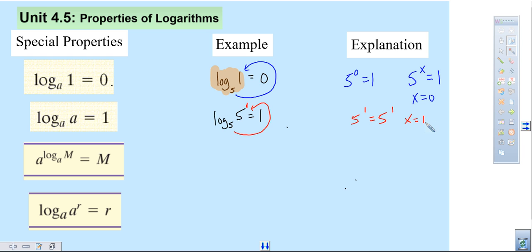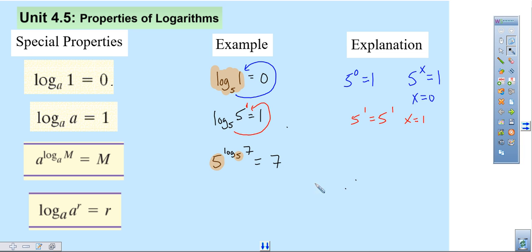The next one, I'm not going to go all the way into the explanation, but I'll put an example with some numbers. If I have the number 5 as my base, and in my exponent I have log base 5 of 7, then if my bases are the same, I can essentially drop everything and my solution is 7.